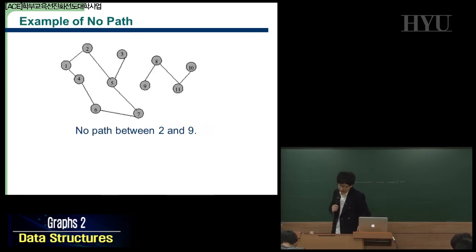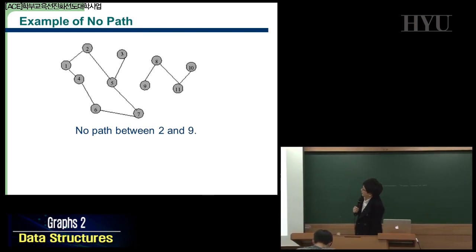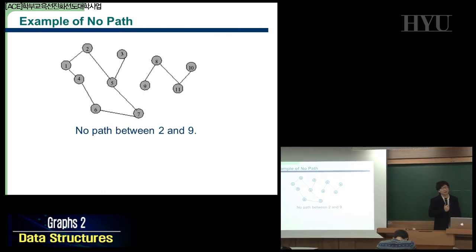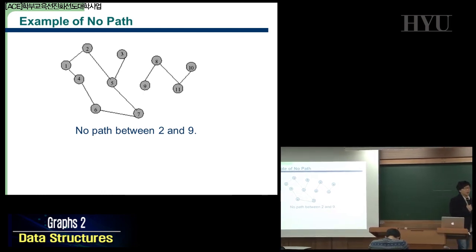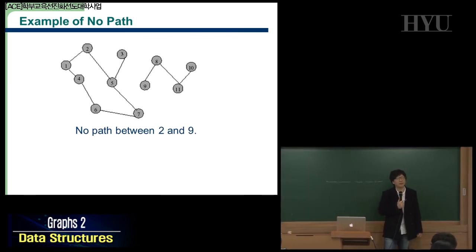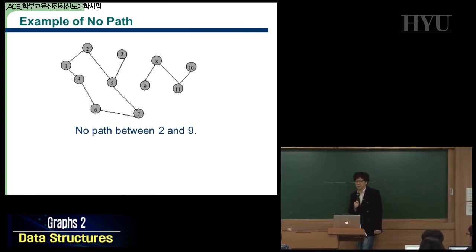Or an example of no path: path from 2 to 9. How do you find out there's no path from one node to another node?